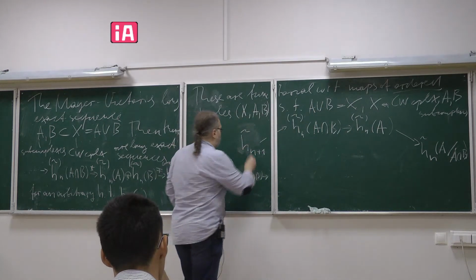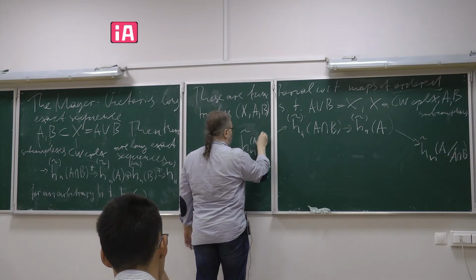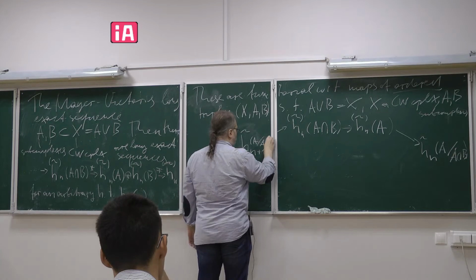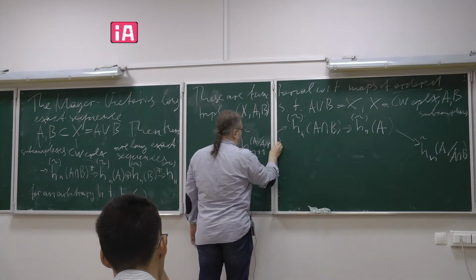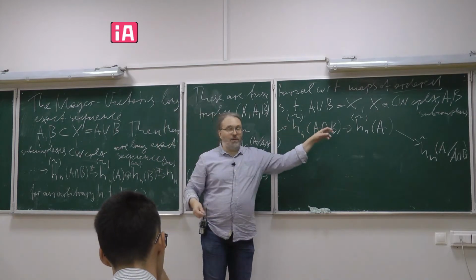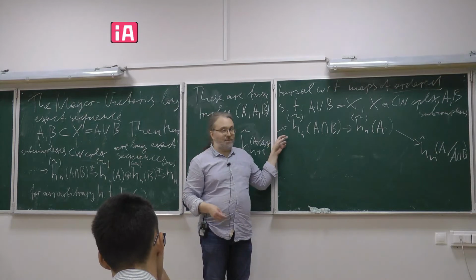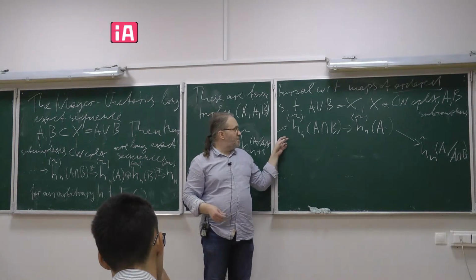Because, by the way, here I also take A and collapse A intersected B. Why did I write it as a ramp?